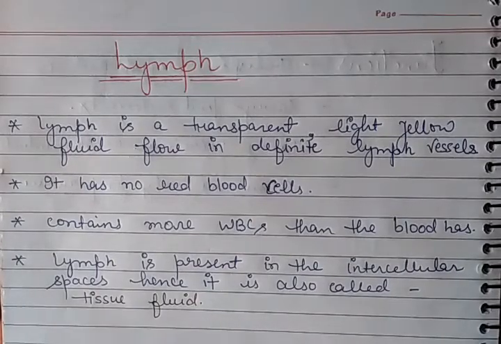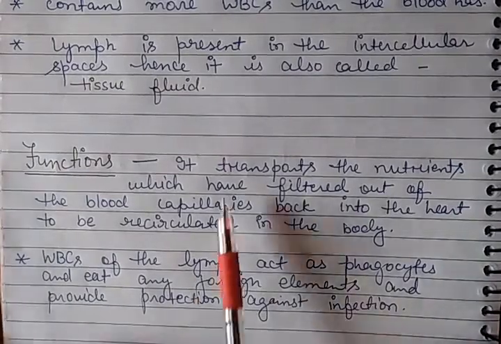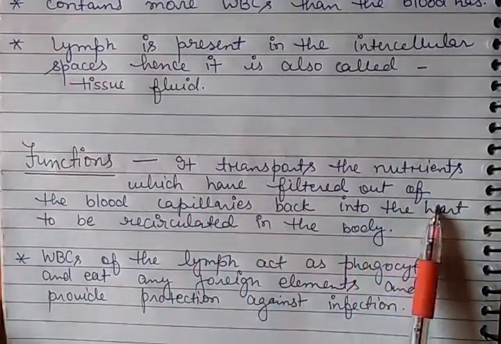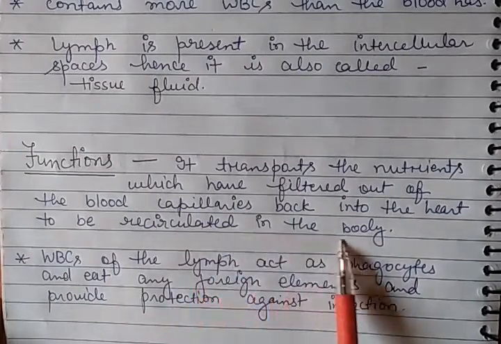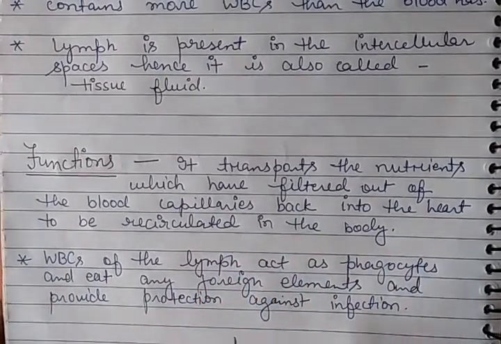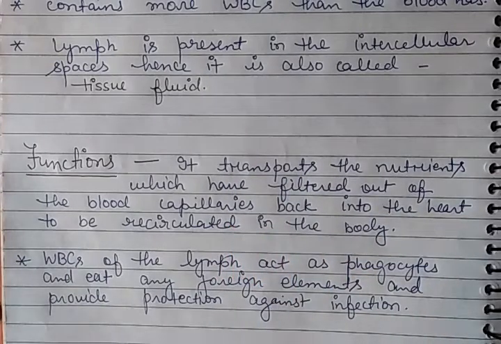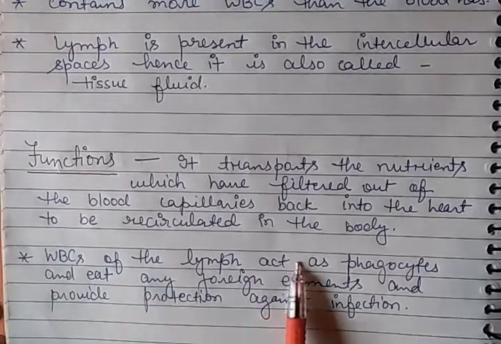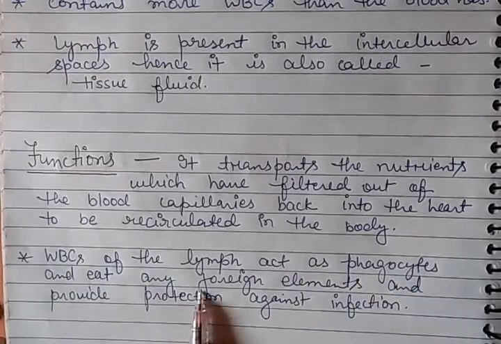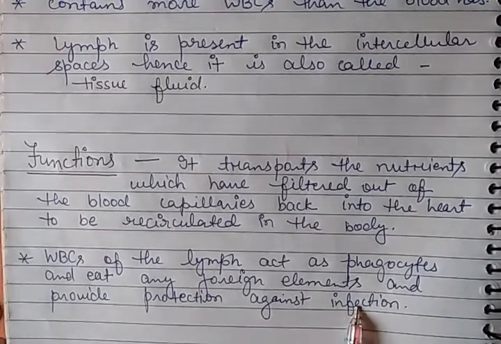Now we will talk about the function of the lymph. It transports the nutrients which have filtered out of the blood capillaries back into the heart to be recirculated in the body. It also helps in the transportation of the nutrients. And the WBCs of the lymph act as phagocytes and eat any foreign elements and provide protection against infection.